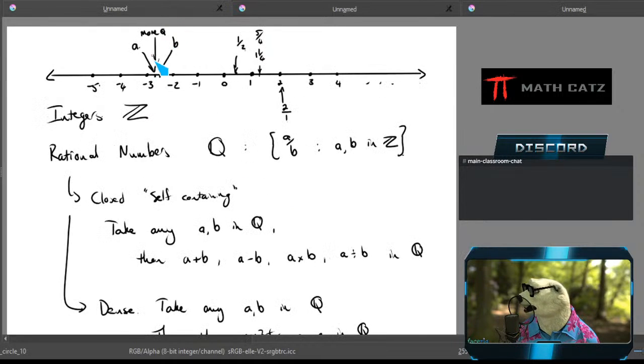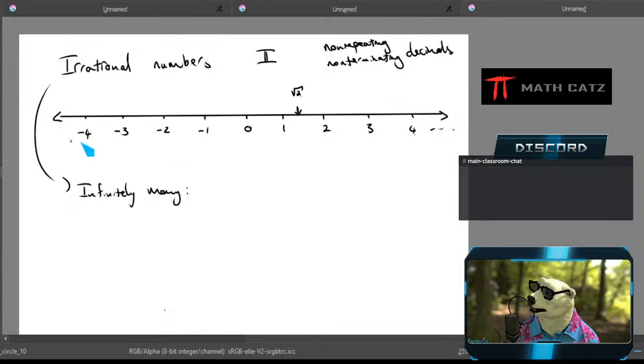If you could somehow count all the fractions, all the rational numbers, make a list, you can do it. Systematically tick them off. You'll never stop, but you can make that list. It is impossible to do for the irrational numbers. There are infinitely many times more of them.